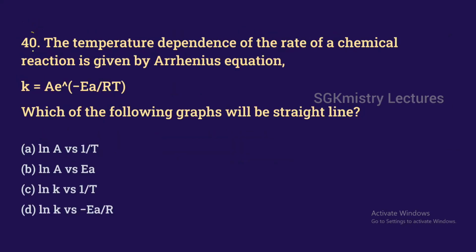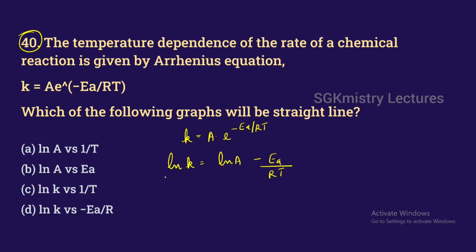Next, question number 40. The temperature dependence of the rate of a chemical reaction is given by the Arrhenius equation. Which of the following graphs will be a straight line? So we have the equation K is equal to A into e to the power of minus EA by RT. So I can also take ln K is equal to ln A minus EA by RT, right?